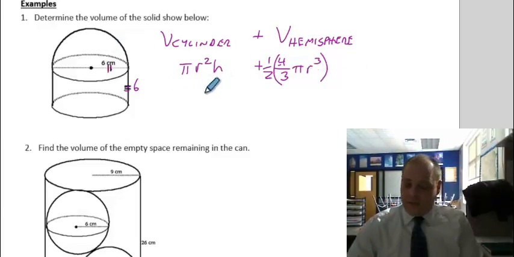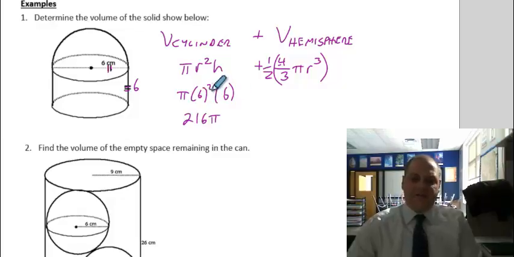All right, so this comes out to be 6 pi times 6 squared times 6, and that comes out to be 216 pi. I'm going to leave it in terms of pi. 6 times 6 times 6 is 216 pi.